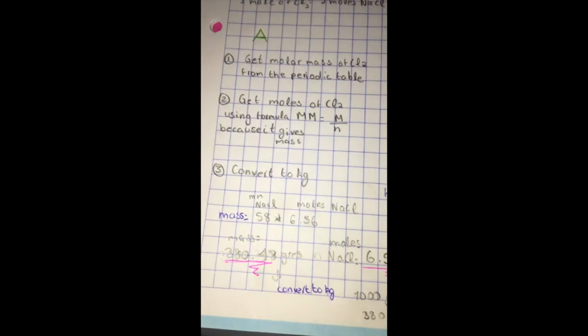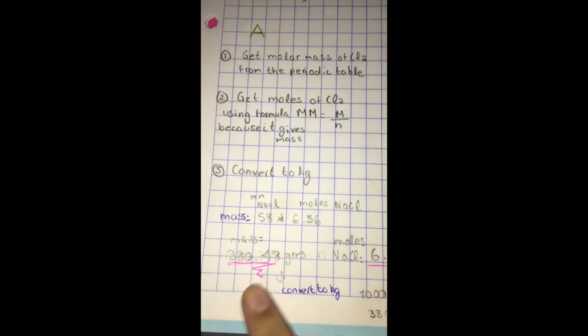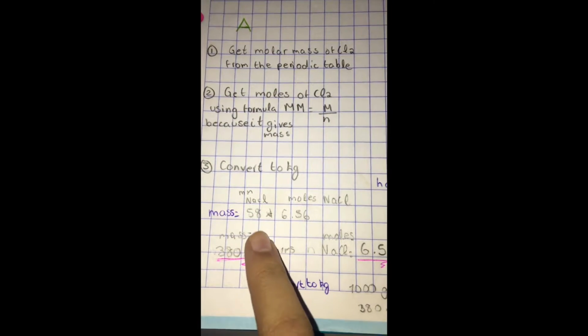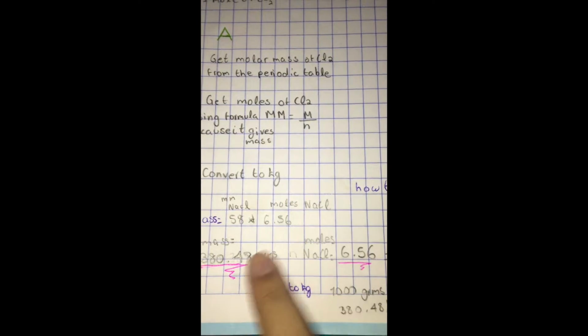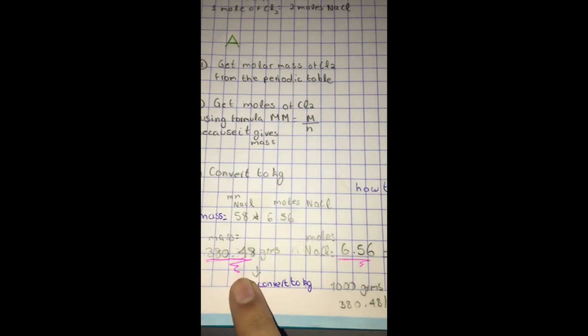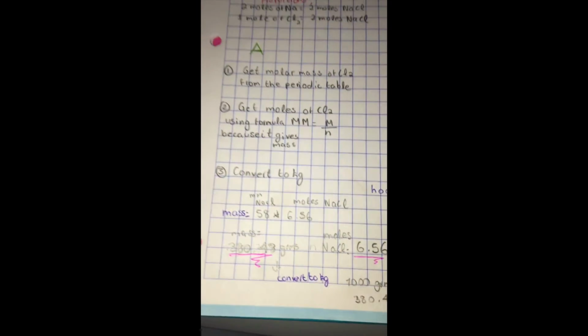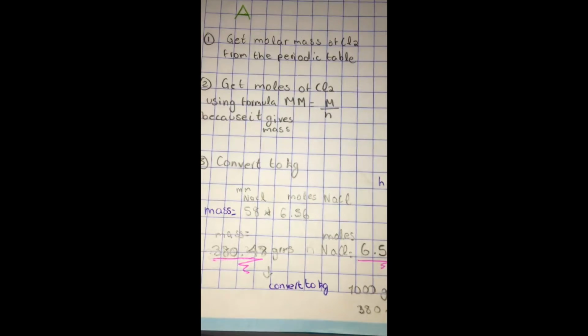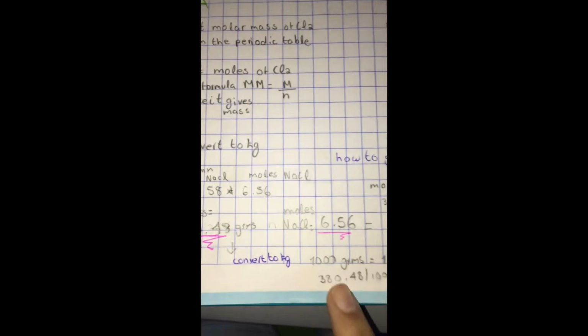With that quantity, we get the mass using the molar mass of NaCl, that is 58, multiplied by 6.56, the moles of NaCl. So we get the mass of NaCl, which is 380.48 grams. And now we have to convert to kilograms.